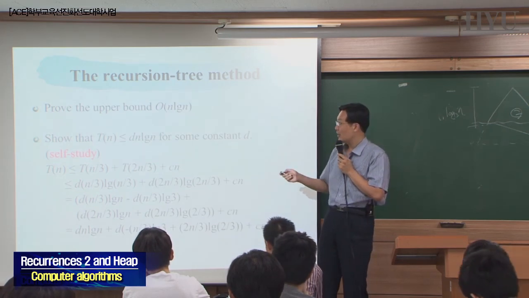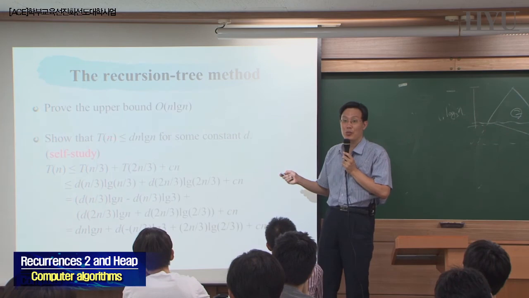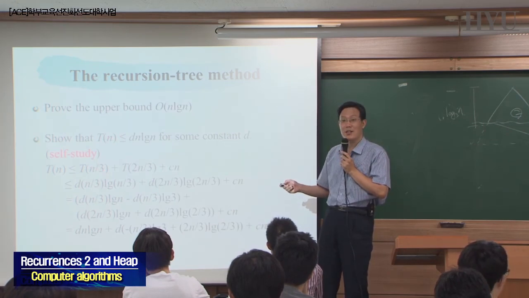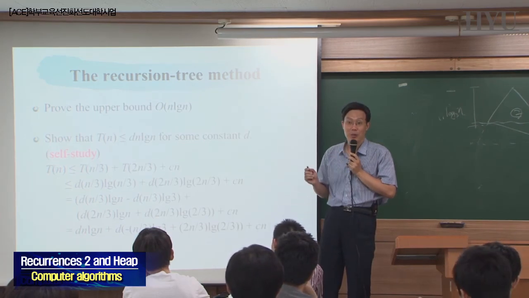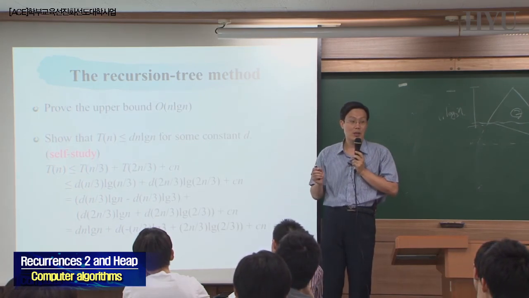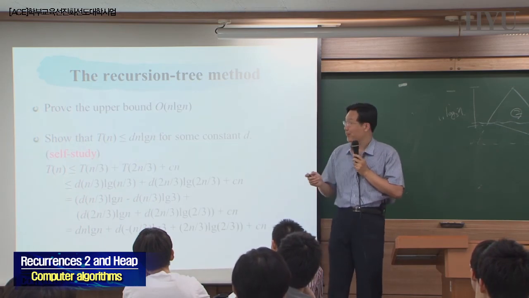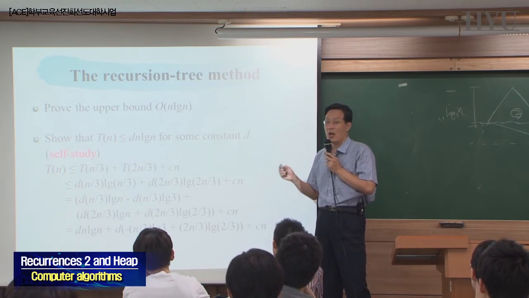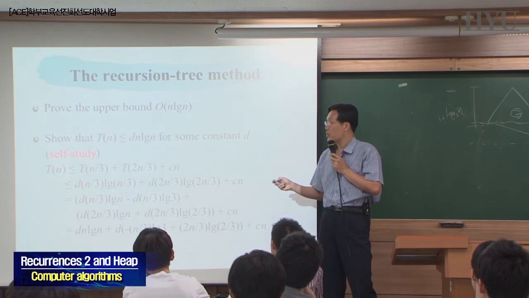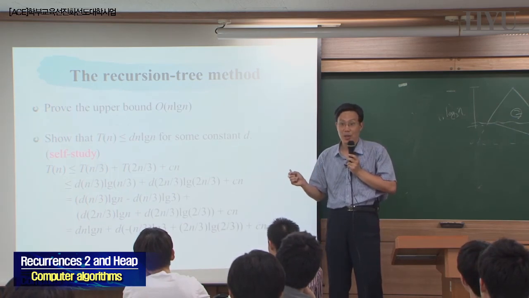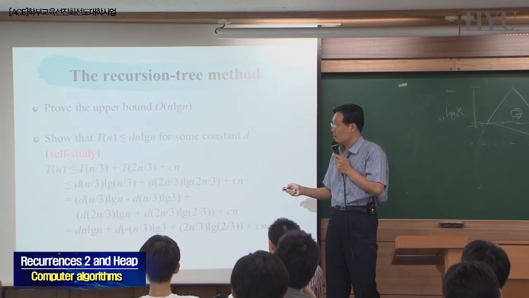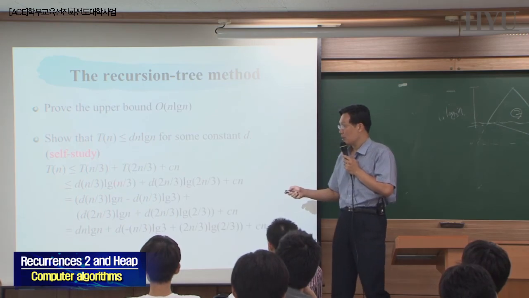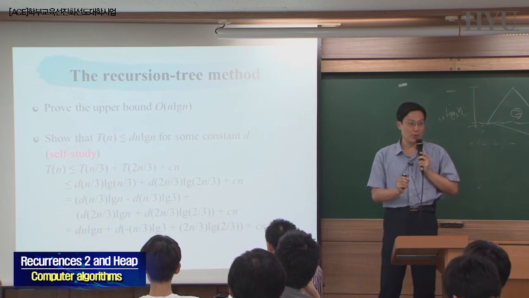We assume that this is true when n is n over 3 and 2n over 3. So in mathematical induction, we assume that this is true for smaller n's. By using this, if we replace this by this and this by this, we get this inequality.